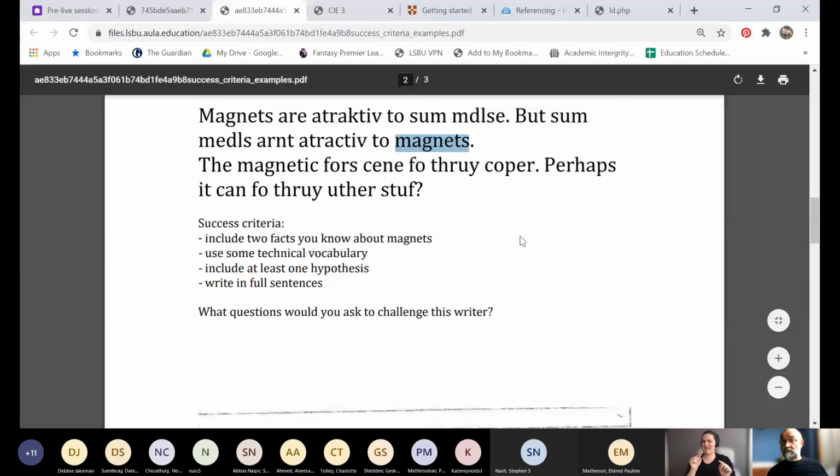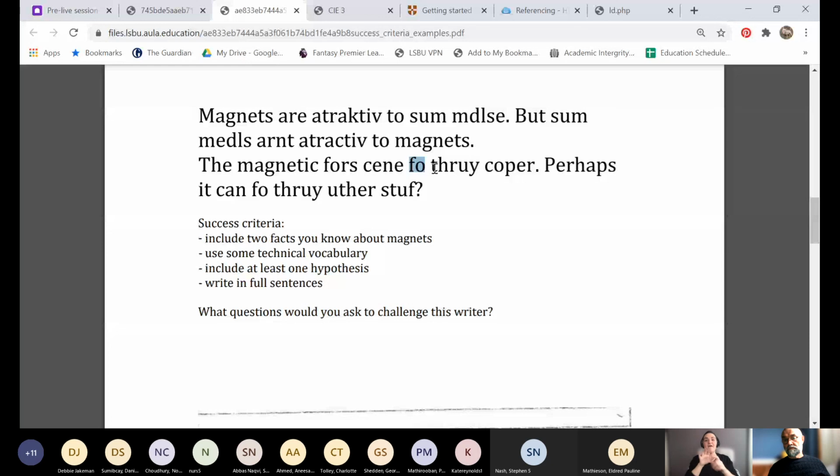I know some graduates that don't know that. The magnetic force can, now I think this word is go, but they've got F's and G's a bit in a muddle. The magnetic force can go through copper.